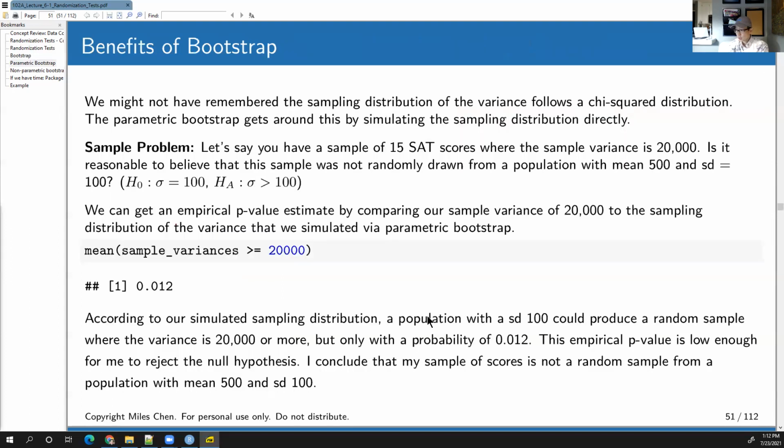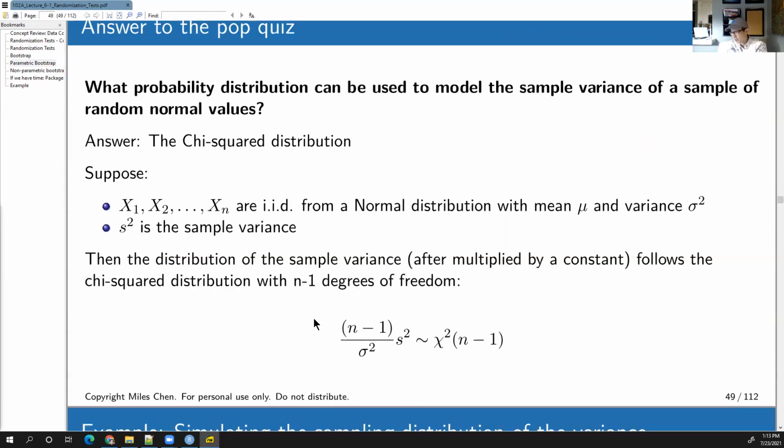But here's the thing: you might not remember all of these relationships. If you didn't remember that it was a chi-square distribution, or you might have remembered it's supposed to be a chi-square distribution but not that you need to do this scaling, where you take your variances and multiply by n-1 divided by sigma squared, and then that will follow a chi-square distribution.